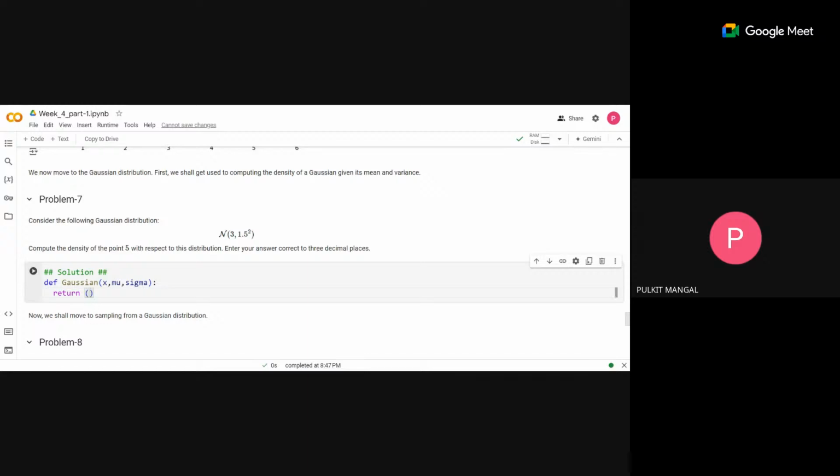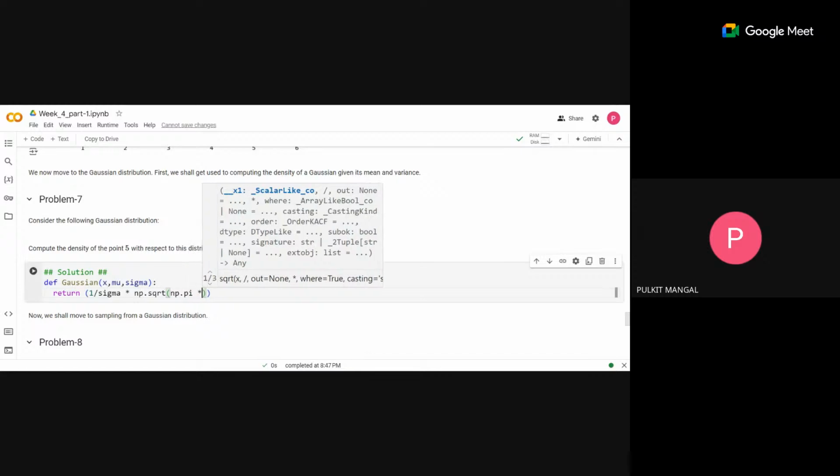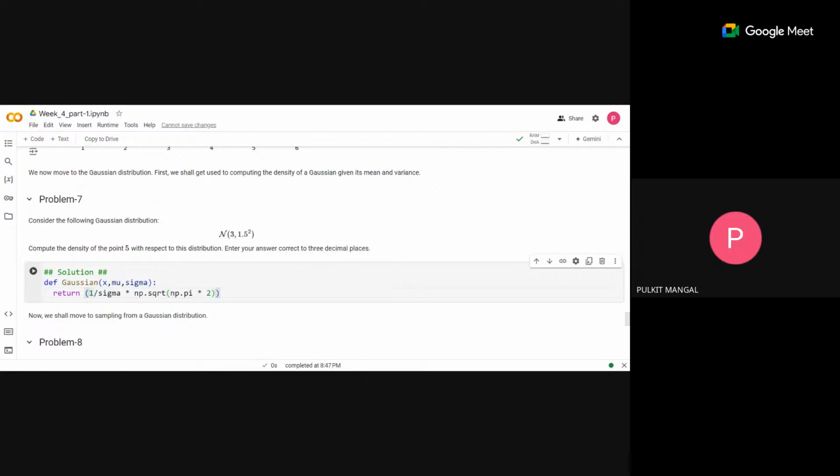The density function is 1 by sigma into the square root of 2 pi, that is, sigma into np.sqrt of 2 times np.pi. So this is 1 by square root of 2 pi into sigma.